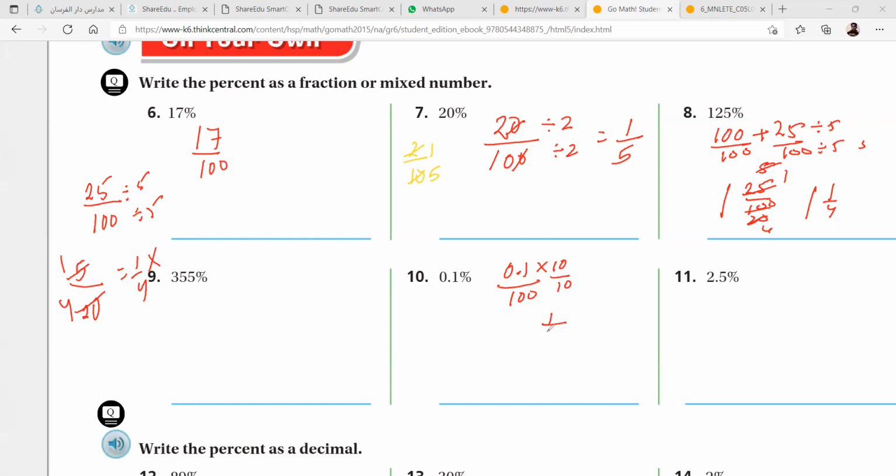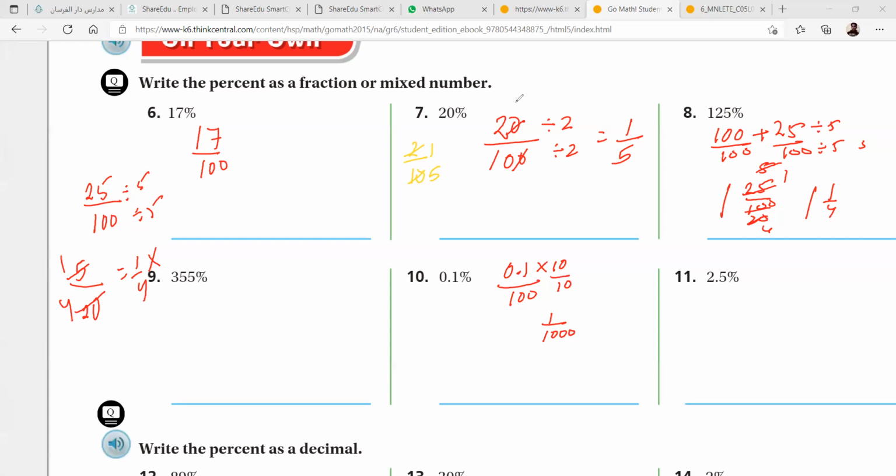Wait, I have a question. Yes, tell me. For example, for number 9, if we split it, we put 300 plus 55, or do we put like 100, 100, 100? You can do that, 100, 100, 100. You will get 3 wholes.